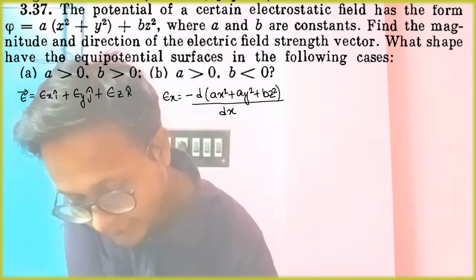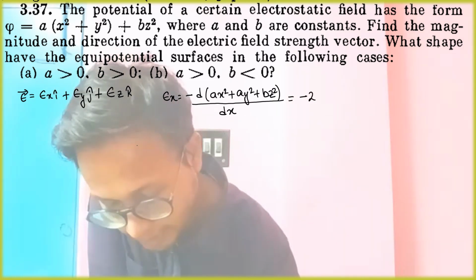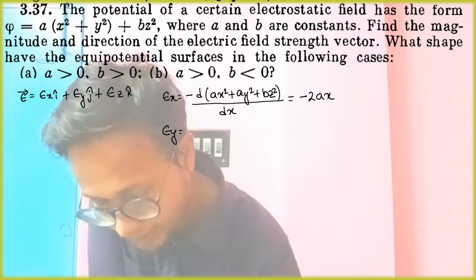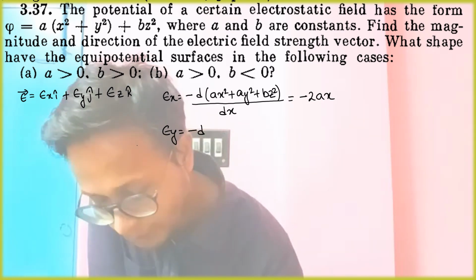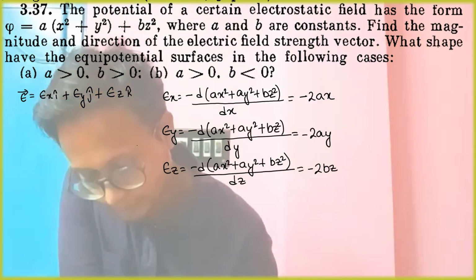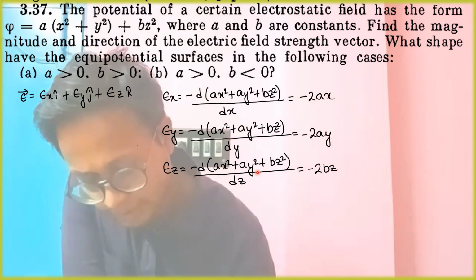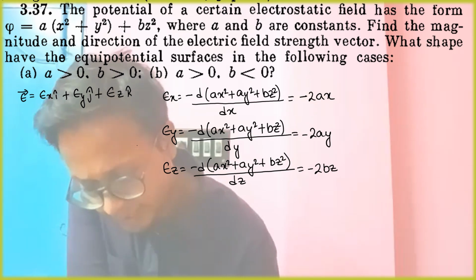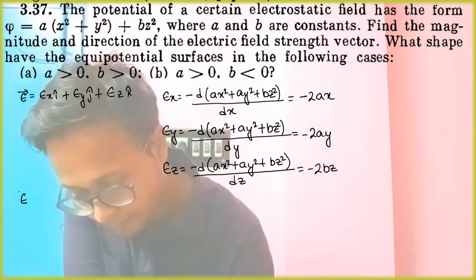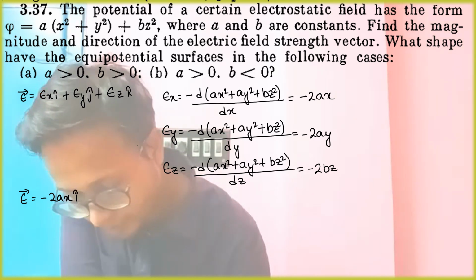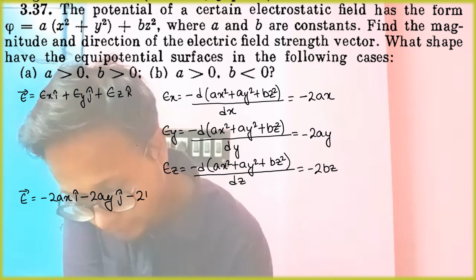Anything apart from x is treated as constant, so minus 2ax. Similarly, Ey would be minus; I'm just writing Ey and Ez. In this equation, anything apart from y is treated as constant, and anything apart from z is treated as constant. So the electric field would be minus 2ax i minus 2ay j minus 2bz k.